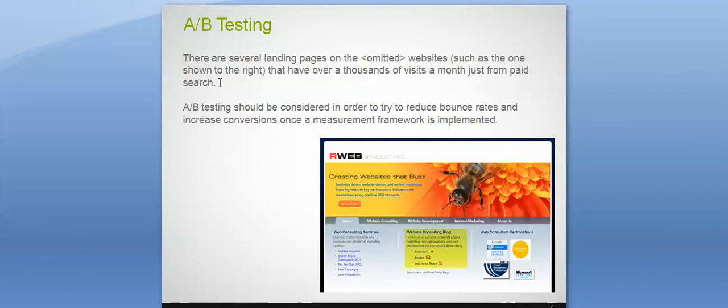So, I'm just going to use my site here to describe, once you have the measurement framework in place, what PPC campaigns can you change within AdWords. So, the keyword bids, the ad groups, the structure, the match types. Maybe you want to change it from broad-based to exact, max cost per click. That's one thing that you'll test.